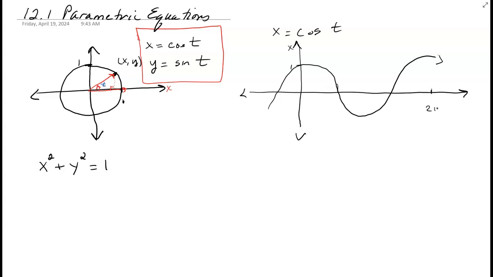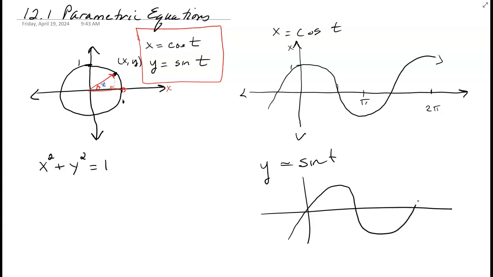This brings us to 2 pi, and here we are at pi. And then, of course, we could also do y equals sine t, and you know that one as well. This, again, would also be my t-axis, and this would be my y-axis.